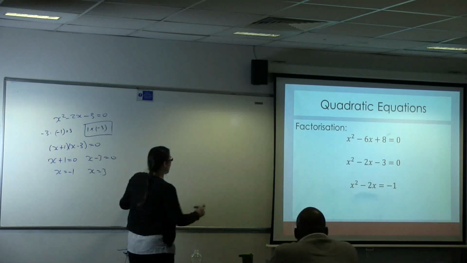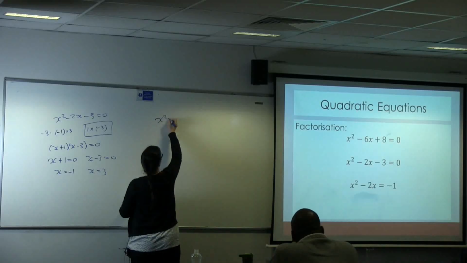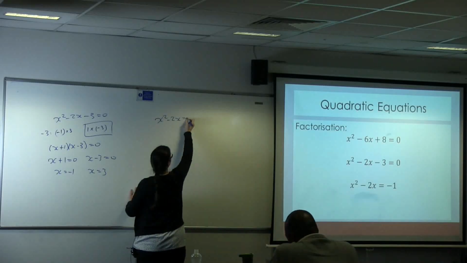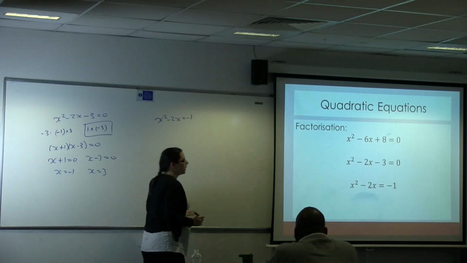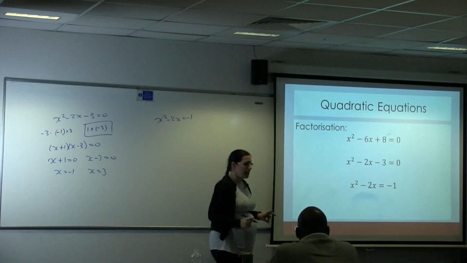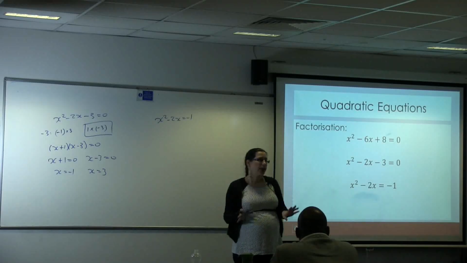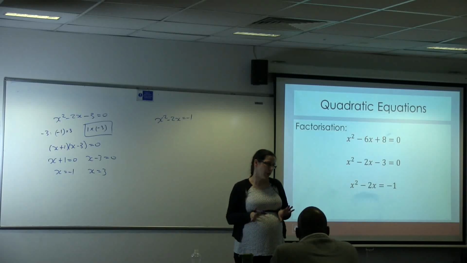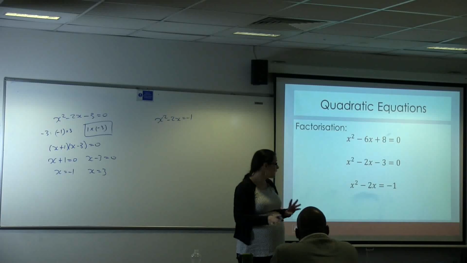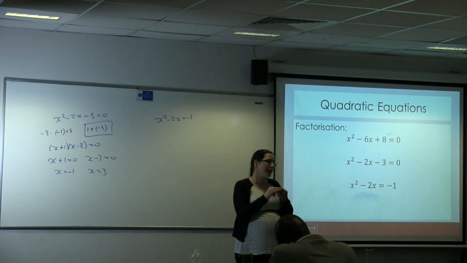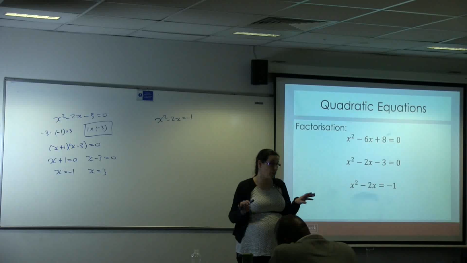And the last one. Now, what you see here is that it's not in the standard form of a quadratic equation because it's not equal to 0. So before I can apply the factorization method, I need to bring it into the standard form of being equal to 0.